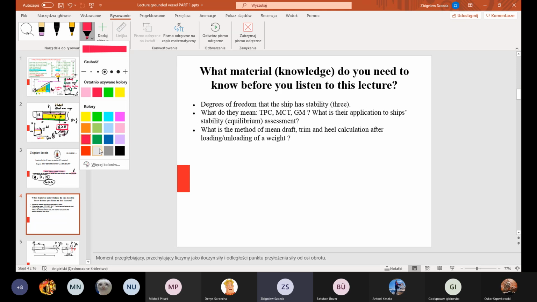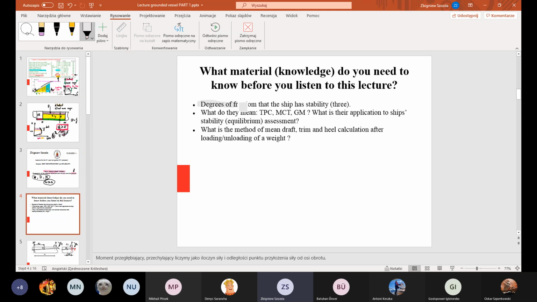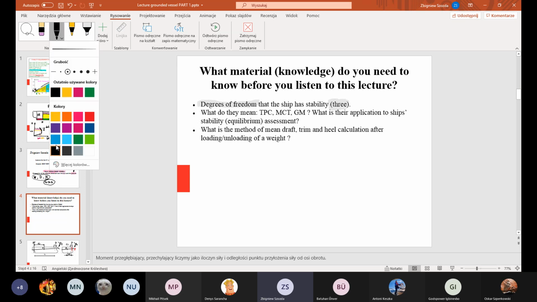Degrees of freedom of the ship. There are three degrees of freedom considered during our classes. Who can name such degrees of freedom? If we are talking about 3 degrees of freedom, what are the names of these degrees of freedom? Who can remember?